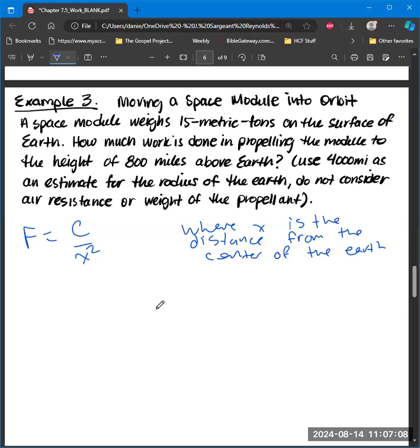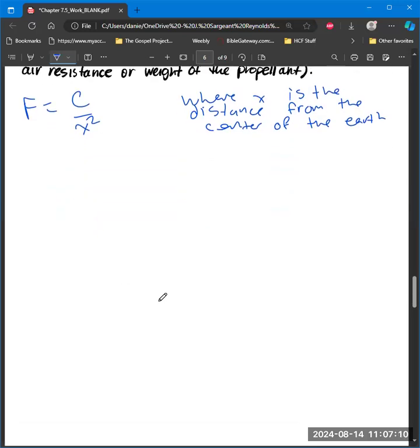So that gives us our work done is going to be a definite integral from a to b of f of x dx, just like it was with Hooke's law. That's what I was trying to write up there.